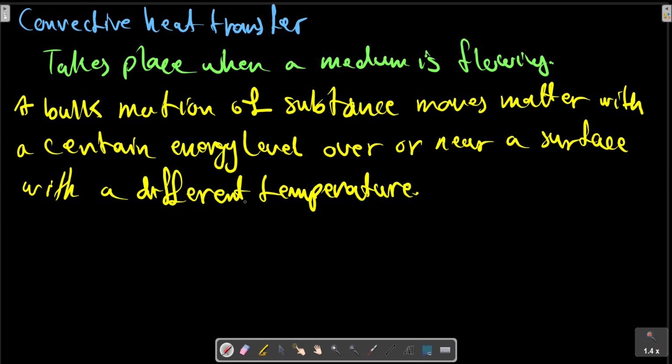Now the heat transfer by conduction is dominated by the manner in which the bulk motion brings the substance in contact or close proximity.